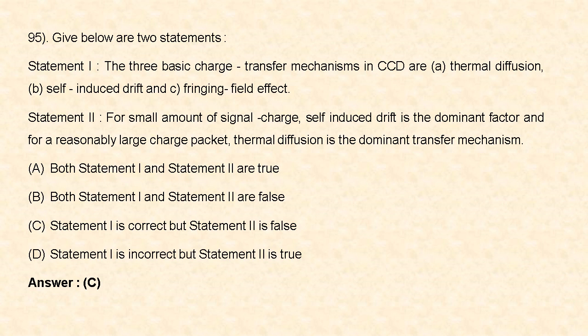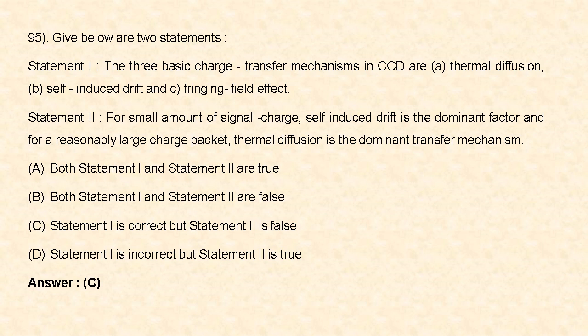Next question. Given below are two statements. Statement 1. The three basic charge transfer mechanisms in CCD are thermal diffusion, self-induced drift, fringe field effect. Here statement 1 is correct. Next statement. For small amount of signal charge, self-induced drift is the dominant factor, and for a reasonably large charge packet, thermal diffusion is the dominant transfer mechanism.